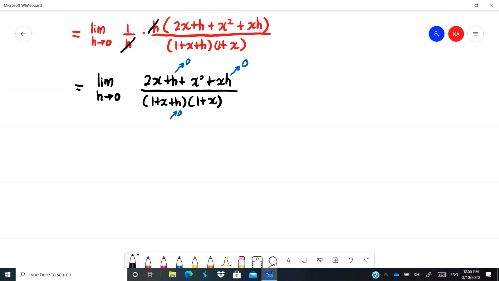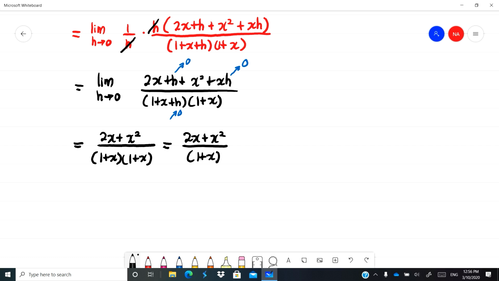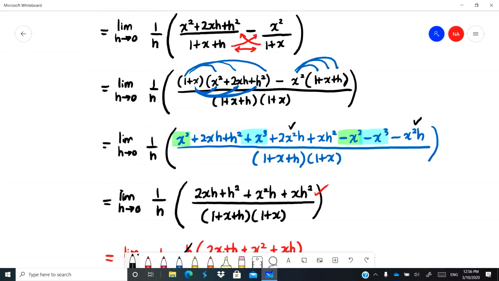So I'm not writing the limit anymore: 2x plus x squared, the whole thing over 1 plus x, and that part 1 plus x. Please take note that the denominator can be simplified as 1 plus x squared. So that's my final answer for this type of question.